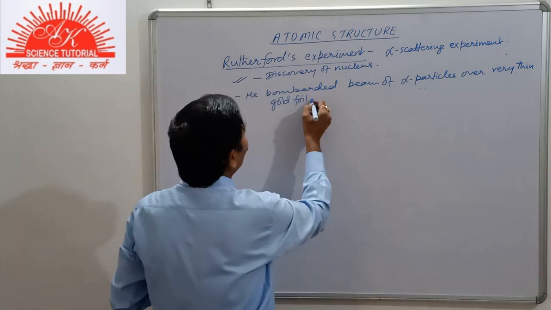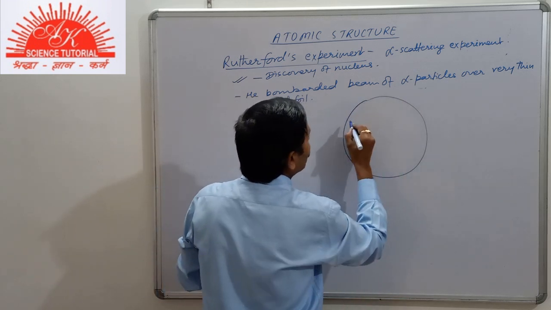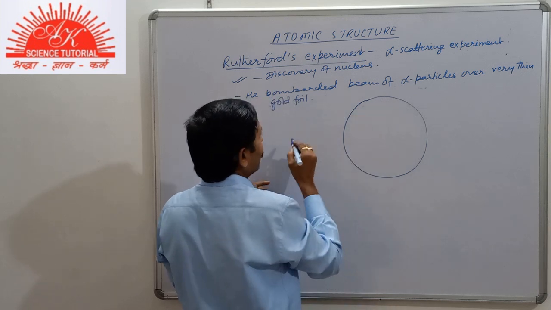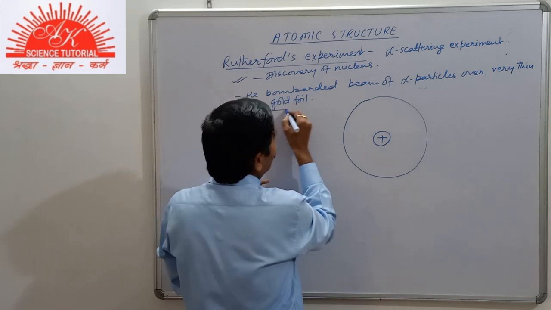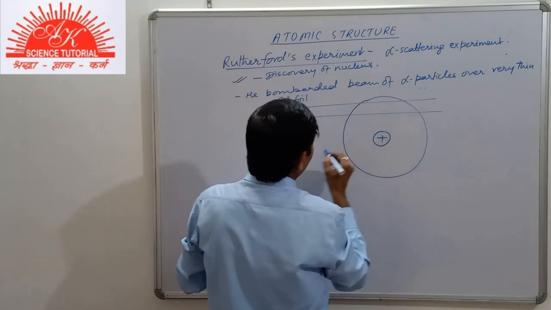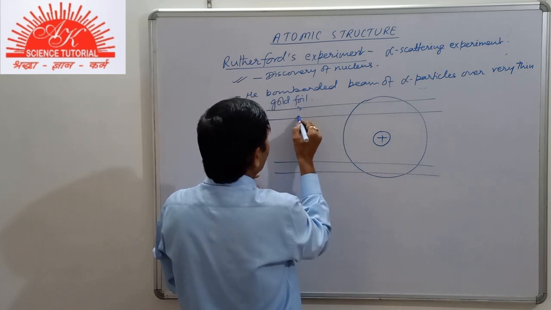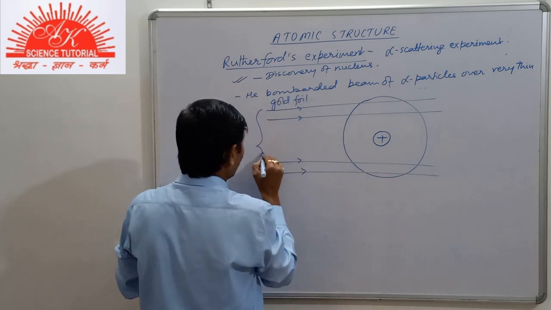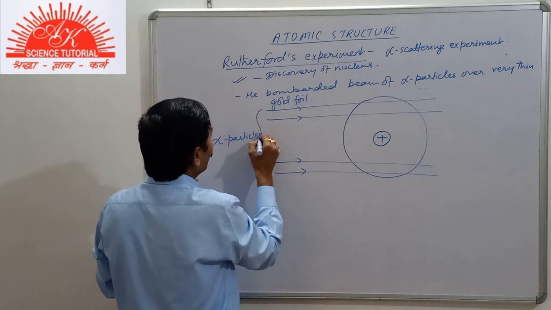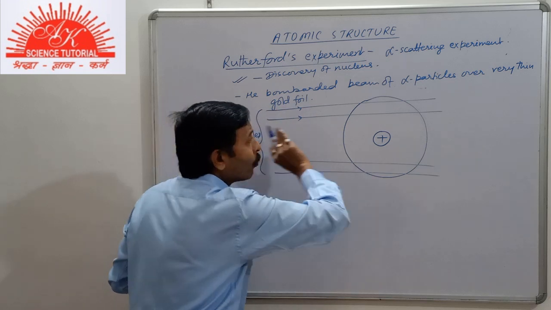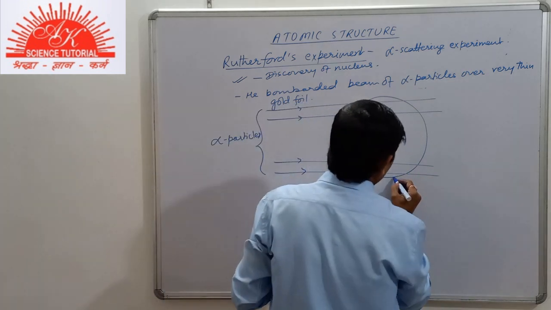Suppose we take this part of the atoms in the sheet. This was the experimental part. Alpha particles from a source of radioactive substance were directed towards the very thin gold foil.